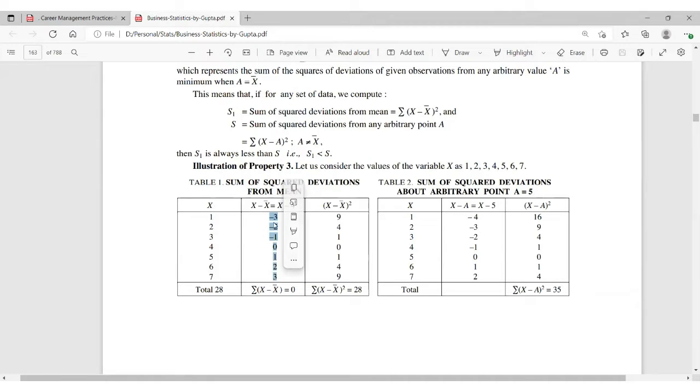Already told in the first property that the sum of these numbers is 0, right? Now, in the next column, make the squares of these numbers. 3 squared is 9, minus 2 squared is 4, and so on. The sum of these numbers is 28.